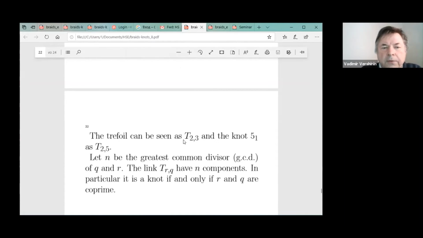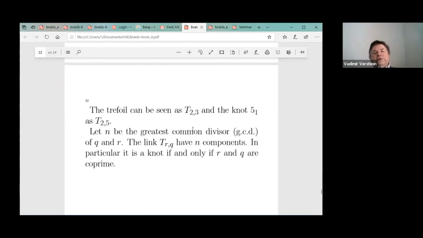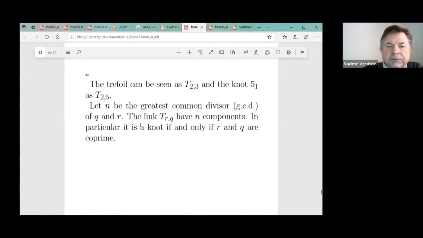If you glue, then you get, for example, a trefoil. And the next one, cinquefoil. If n is the greatest common divisor of q and r, then there will be n components.